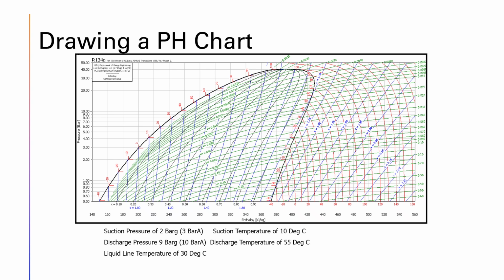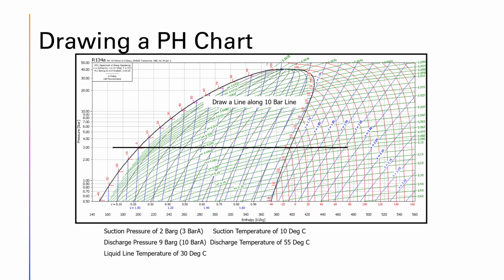Well, let's have a look at drawing a pH chart. You can see at the bottom there, I've listed some of the parameters: suction pressure, discharge pressure, suction temperature, discharge temperature, and the liquid line temperature. So we'll start off by drawing a line along the 3-bar line. Remember, bar A. So there you go with that line.